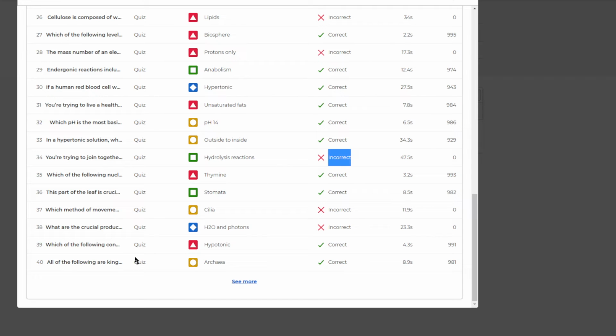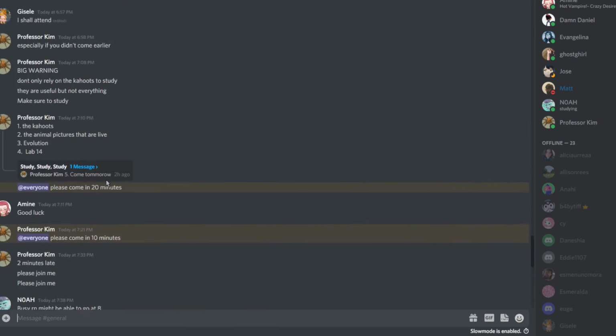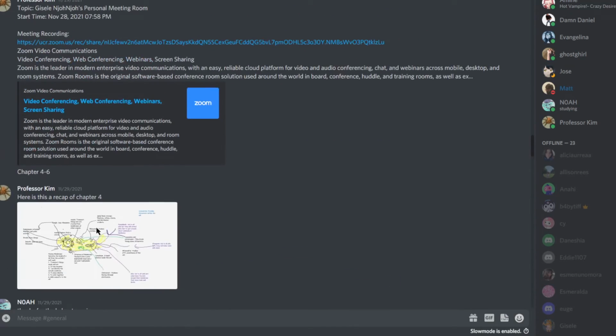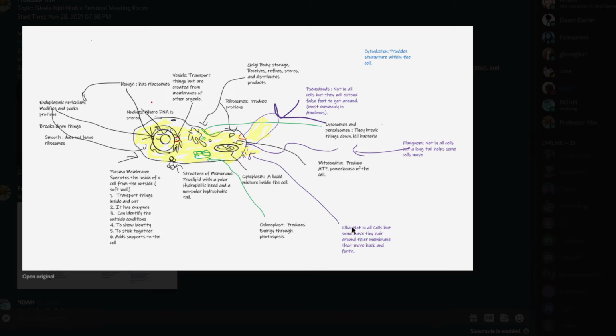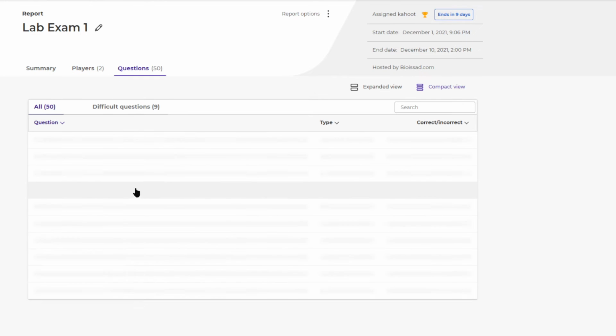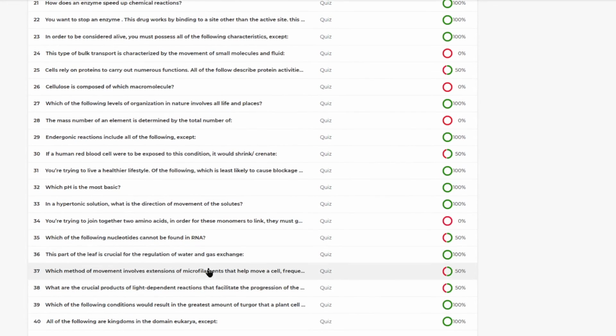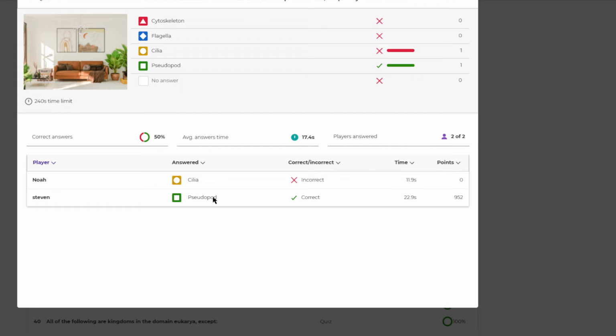So the next one you got wrong was this. What method of movement? Cilia are tiny hairs all around the membrane. Pseudopod is commonly known as false foot, and in the question it had false foot in it. So we want to look at 37. 37 is pseudopod because it means false foot.